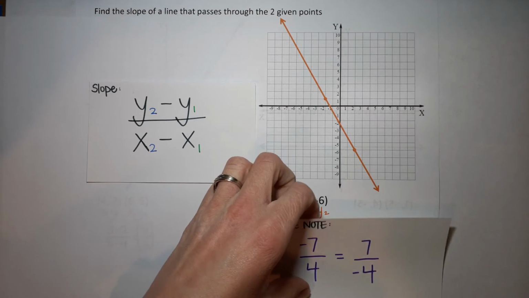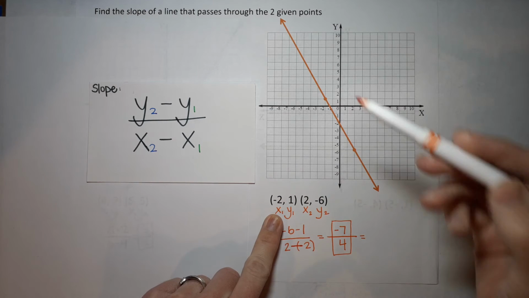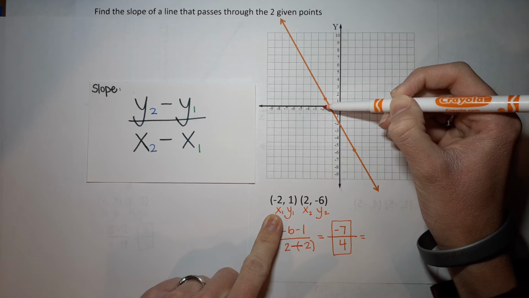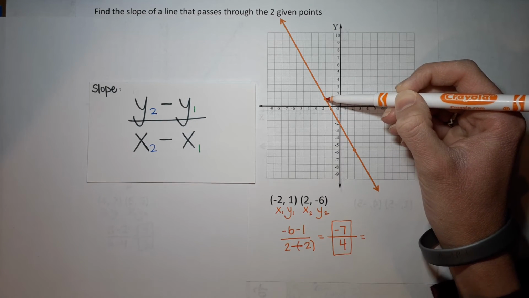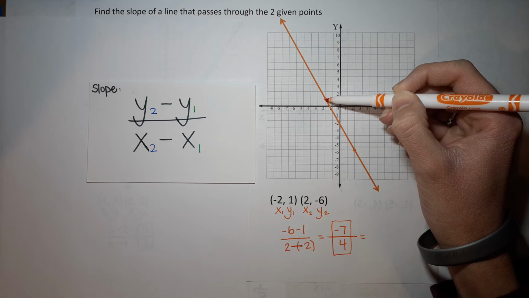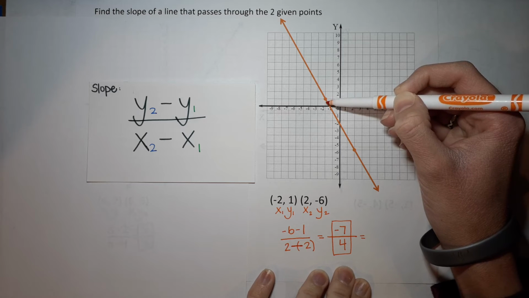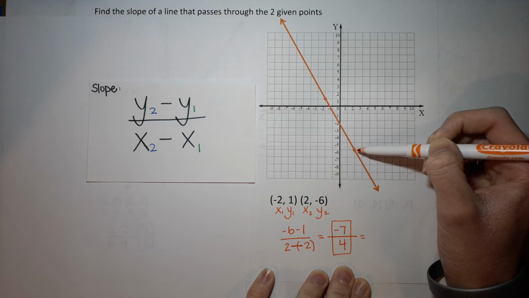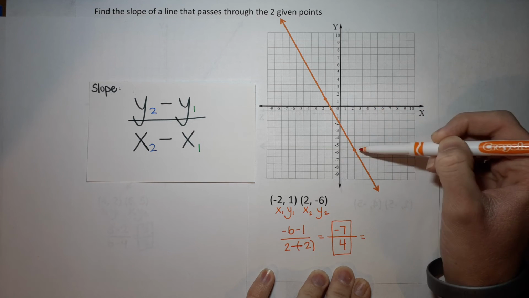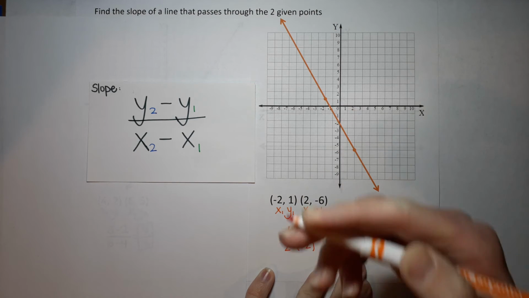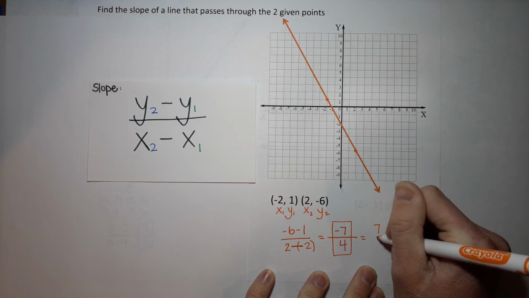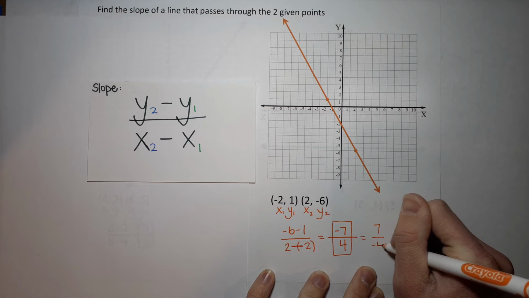So if I plot this point, -2, 1, and start there, and my slope is -7/4, I go down 7, right 4, negative, positive, right? But I'm telling you that this is also 7, -4.